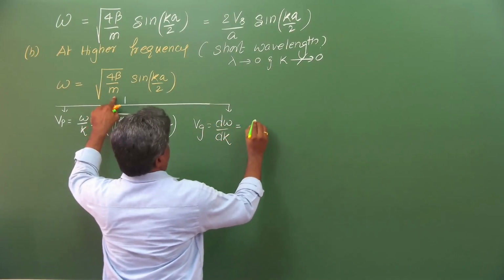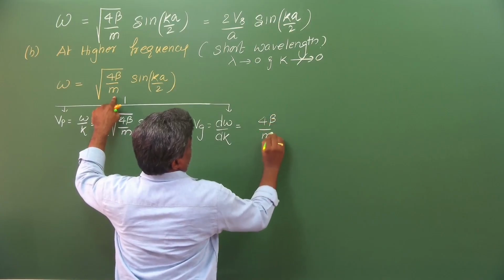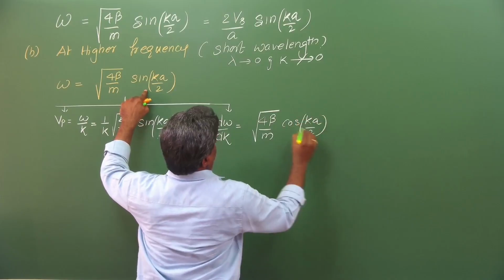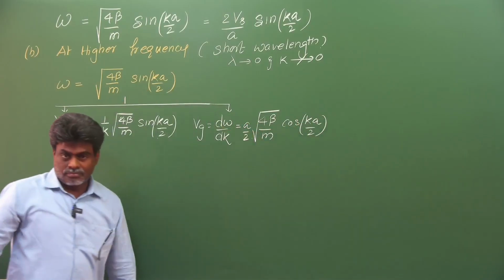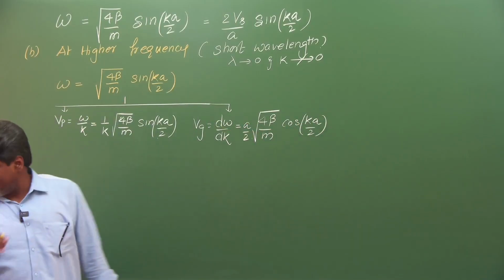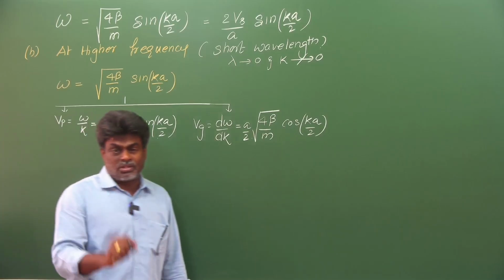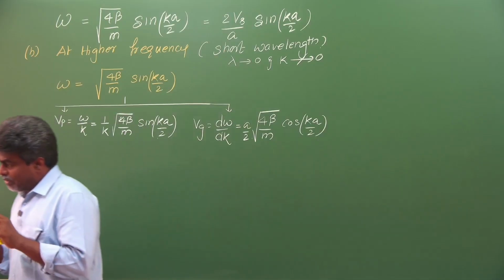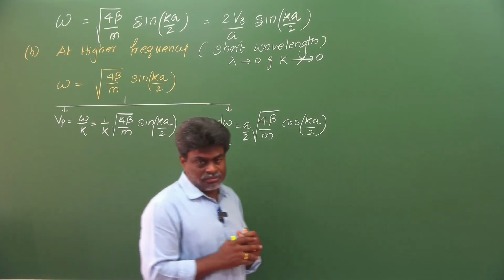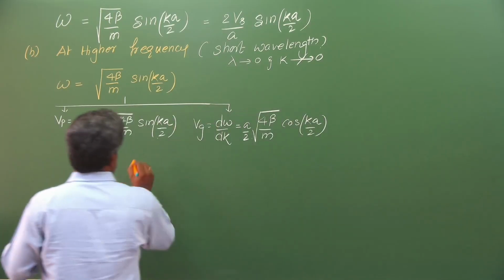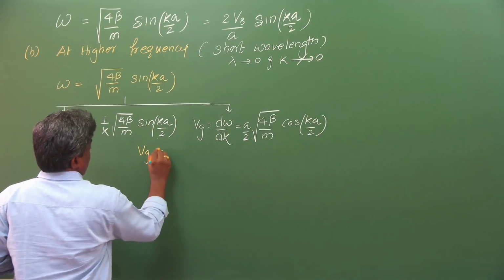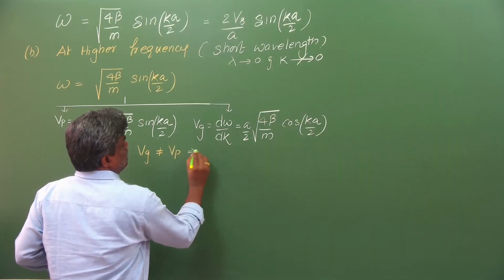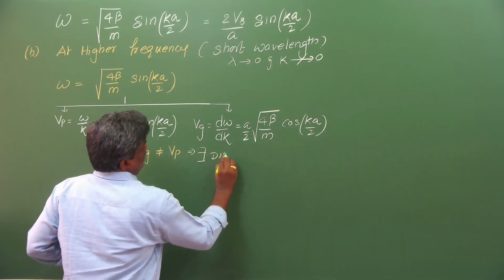This can be written as under root 4 beta by m cos Ka by 2. In the last class, when dealing with the lower frequency of EM waves, Vp and Vg were both the same, so we concluded there is no dispersion. But here it is not like that. The group velocity and the phase velocity are not the same. Whenever both are not the same, there exists dispersion.